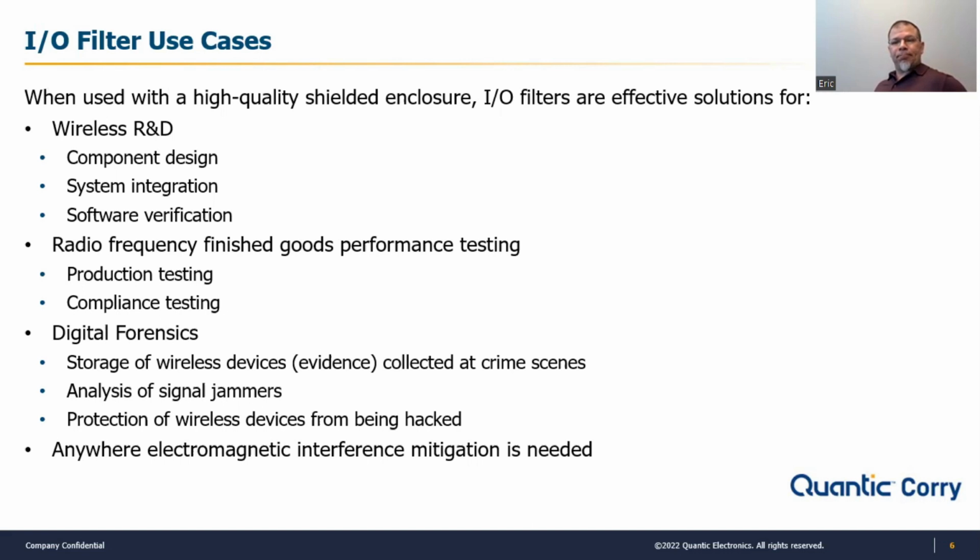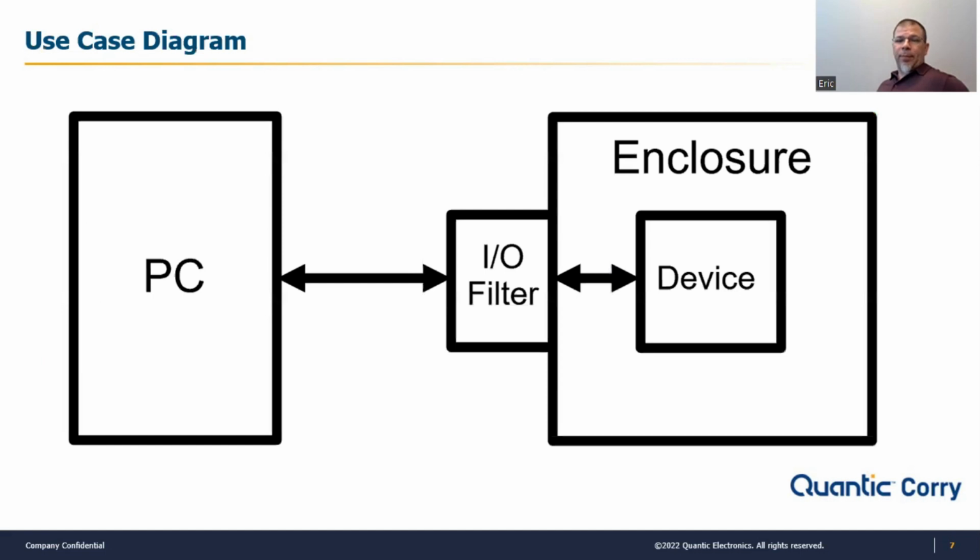Well, certainly those are some good examples on a general basis. Maybe you could share some specific product examples where we would see the I/O filters in use. Sure. Here we have a very simple drawing of a use case of one of the I/O filters. It could be an Ethernet filter, it could be a USB filter, but in this case, it's attached to a PC, which is outside of the quiet space, the quiet space being inside the enclosure.